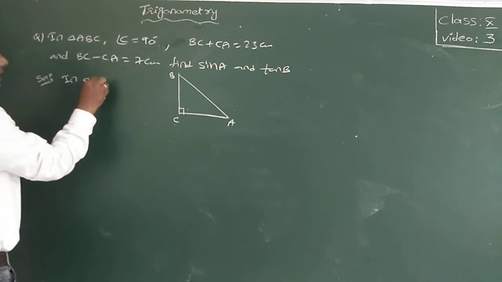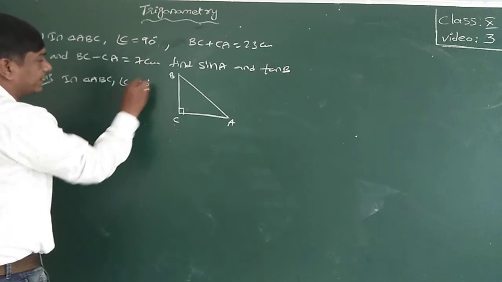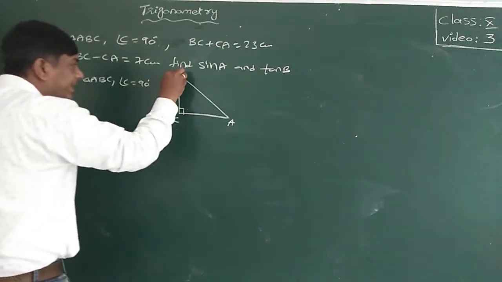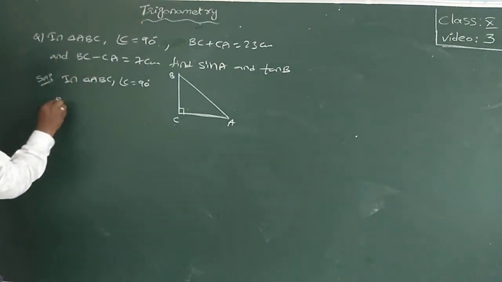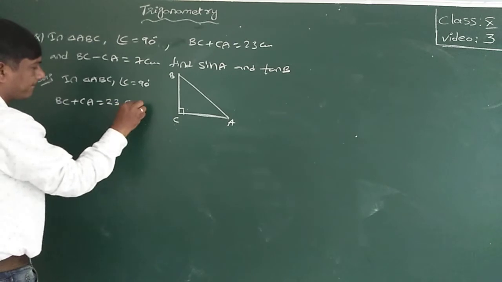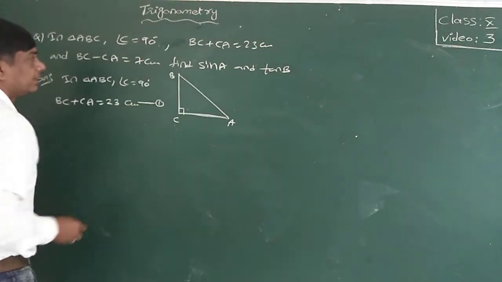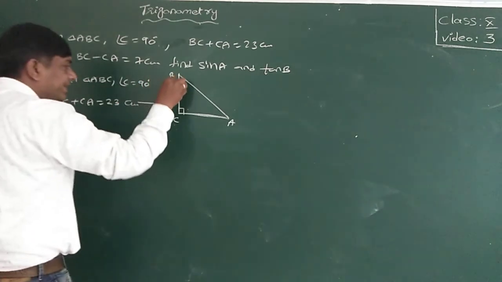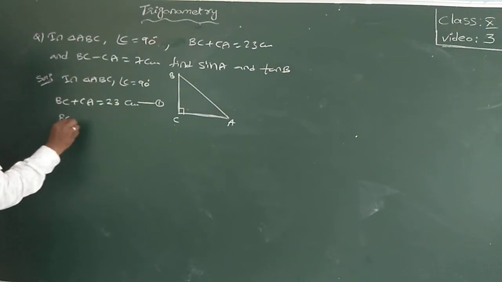BC plus CA is equal to 23 centimeters given, this is equation 1. The other one is BC minus CA is equal to 7 centimeters given.